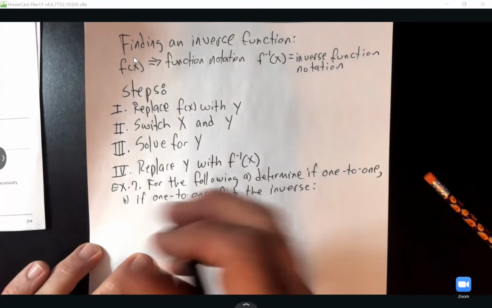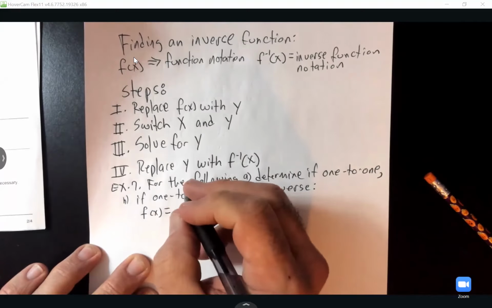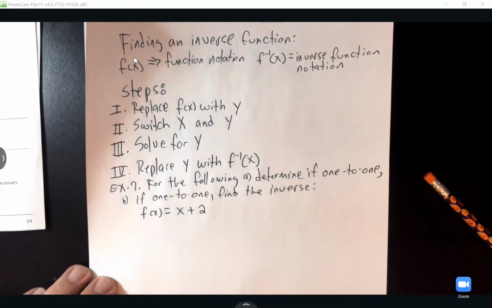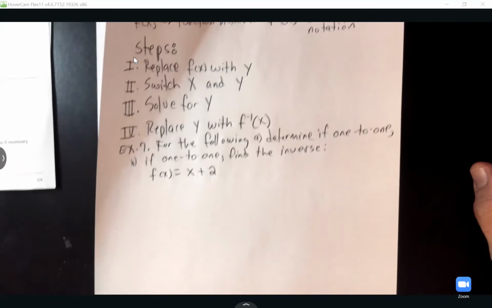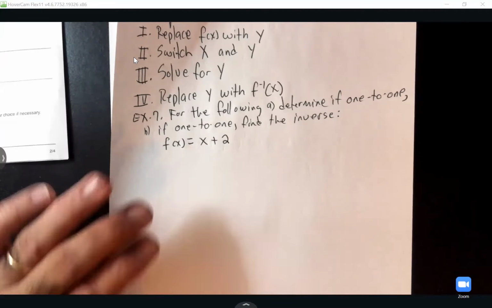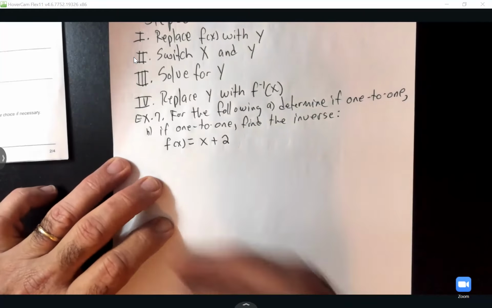For number 7, they're giving us this. f of x equals x plus 2. All right, so y'all, first thing we said we're doing to that, I'm going to replace that f of x with a y.